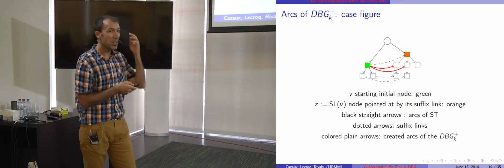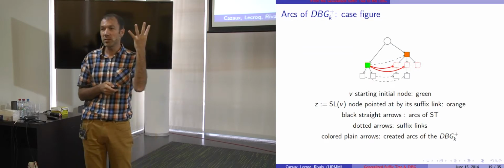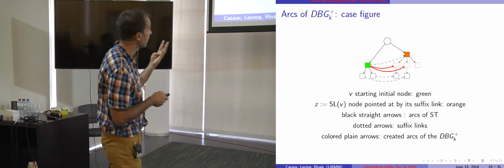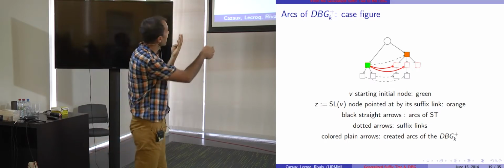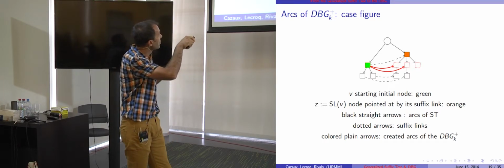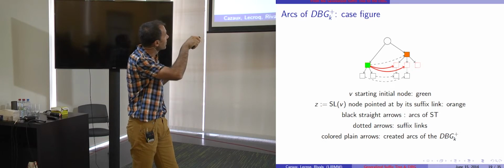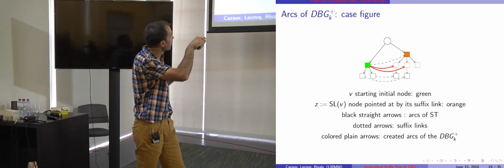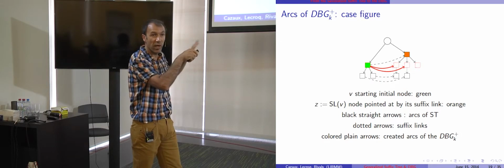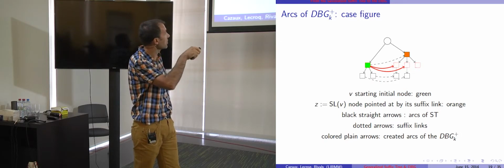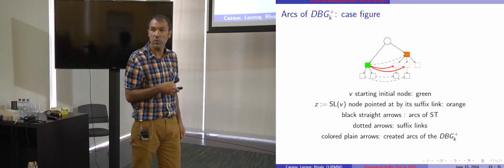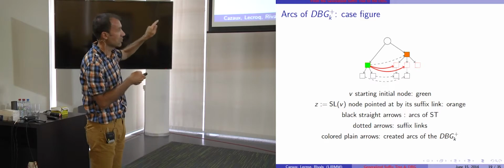Now, there are 4 cases you can consider for finding the edges of the de Bruijn graph, and I will show you all of them with examples. So the starting initial node will be in green. The suffix links of this node will be shown with this type of arcs, and after we have found the target nodes in the de Bruijn graph, we will put colored edges for the de Bruijn graph. So the colored edge, that's the thing we want to find.